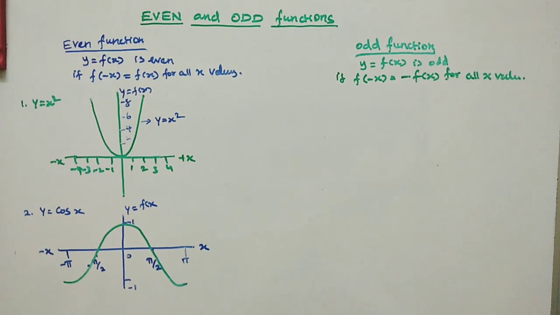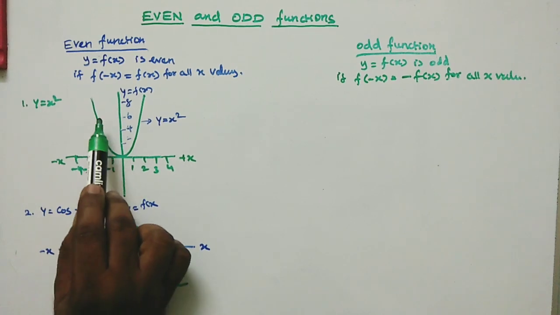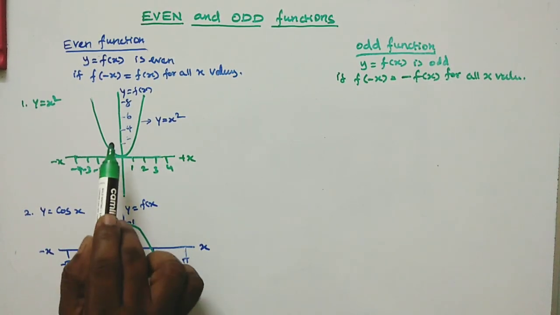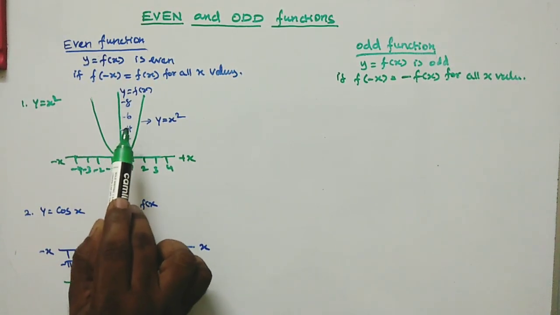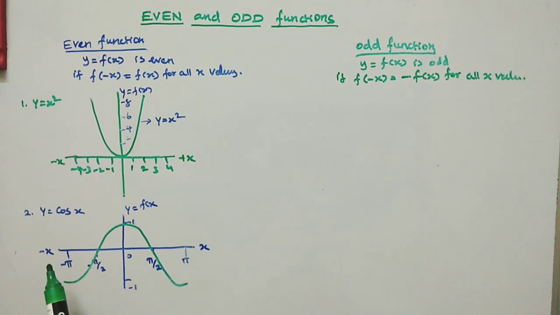Now I want to do a simple experiment here. If I put a mirror along the y axis, it will reflect the half portion of the parabola. So the resultant, the real and imaginary, that is, the reflected image gives the full form of the parabola.